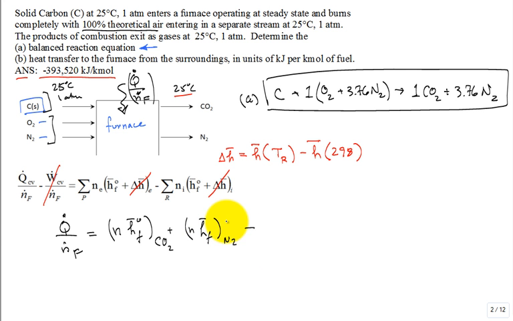Then I have minus the sum over all the reactants. We have the stoichiometric coefficient times enthalpy of formation. I should put a naught on there. For the carbon as a solid, and we have the N times the enthalpy of formation for the oxygen.